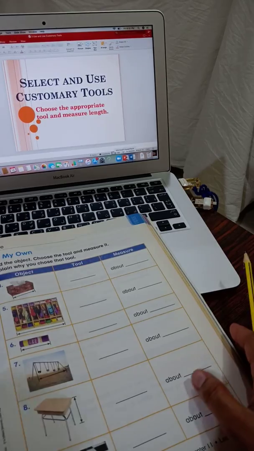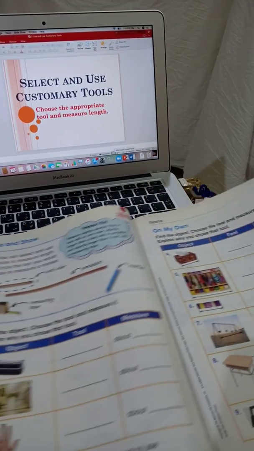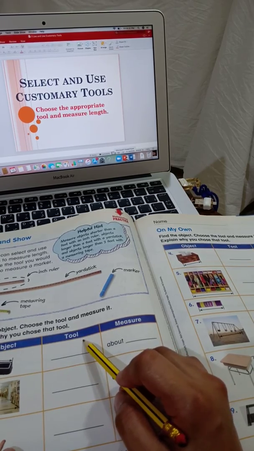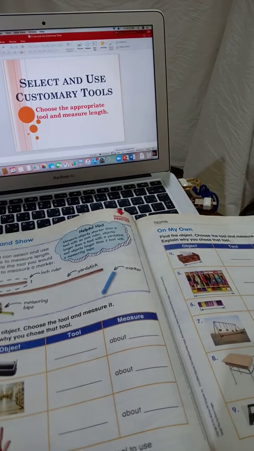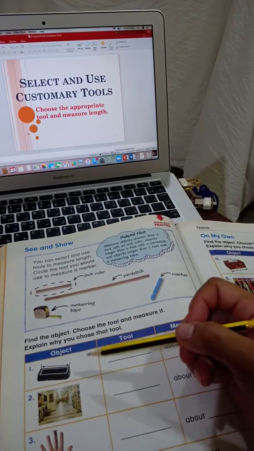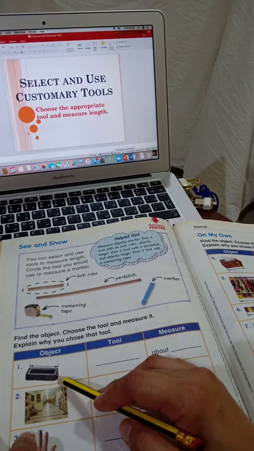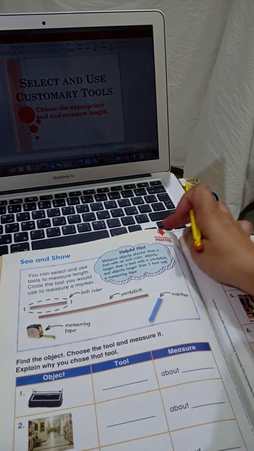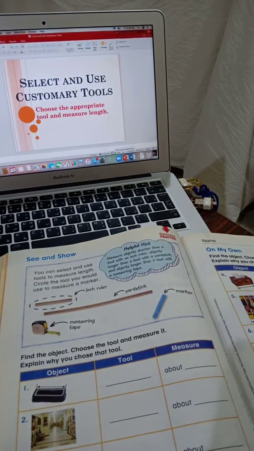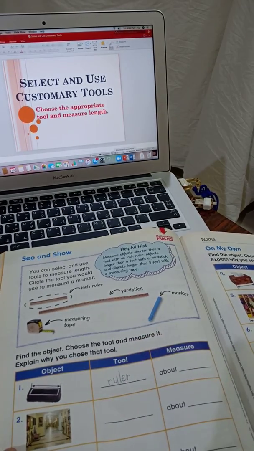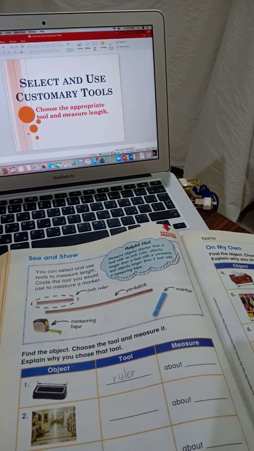Now, let's determine the tool that can be used to measure the following objects. The eraser. What measuring tool will we use? Yes, excellent. The inch ruler, because it is small.